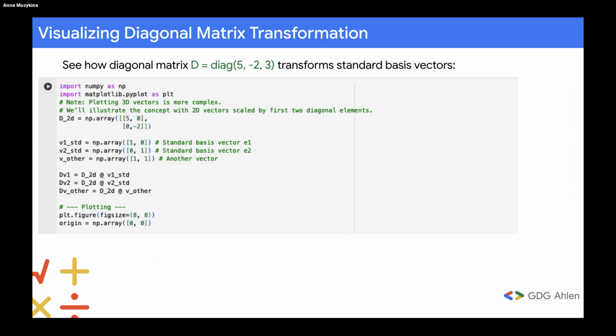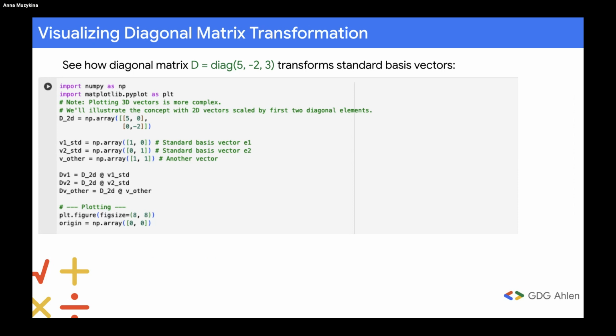So, let's visualize the action of a diagonal matrix. Since plotting in 3D is more complex, we will illustrate the concept using a 2D diagonal matrix.